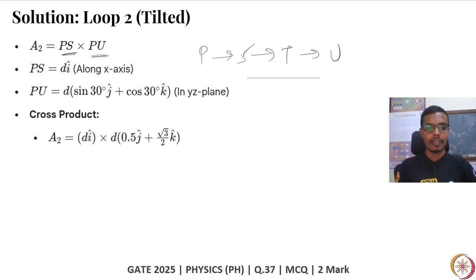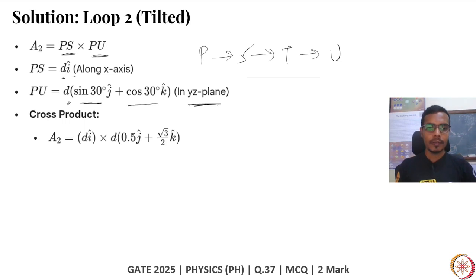Vector PS is along the x-axis, so it is simply D i hat. Vector PU is in the YZ plane, tilted 30 degrees from the Z axis towards the Y axis, so it is D, with a component sine 30 along j, that is Y, and cos 30 along Z in the YZ plane.